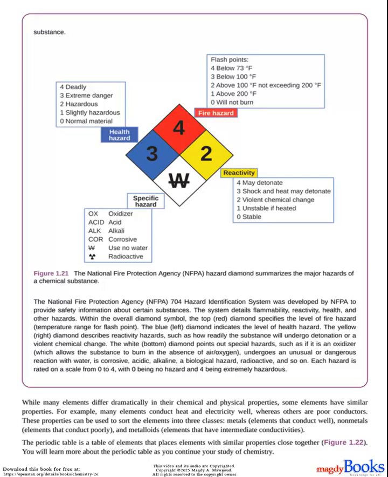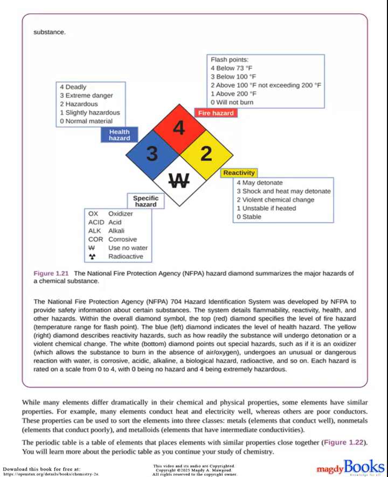The National Fire Protection Association, NFPA, hazard diamond summarizes the major hazards of a chemical substance. The NFPA 704 Hazard Identification System was developed by NFPA to provide safety information about certain substances. The system details flammability, reactivity, health, and other hazards.